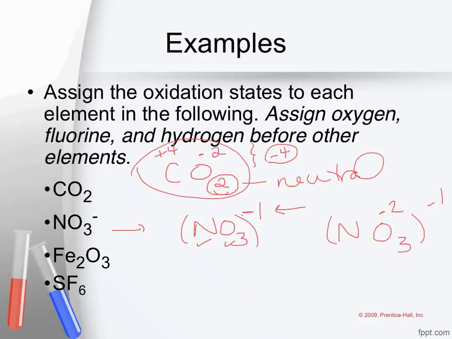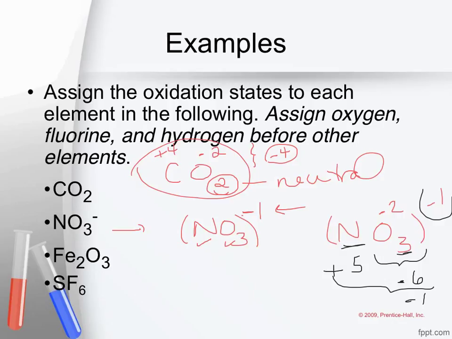There are 3 oxygens, however, so the total oxidation number that oxygen contributes is -6. Now, if this were a neutral compound, I would assign an oxidation number to nitrogen of +6. But since the overall charge is -1, I'm going to say nitrogen has an oxidation number of +5. And that keeps the overall charge of -1.